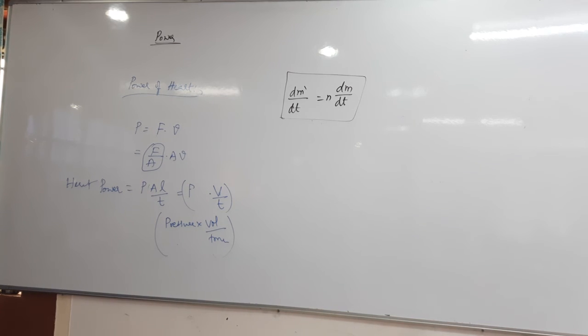V dash should be equal to n times of V. At least you got V dash is equal to nV.